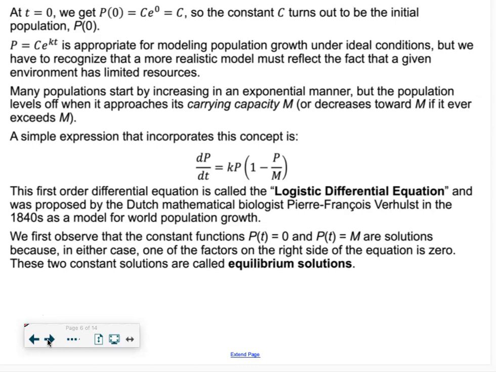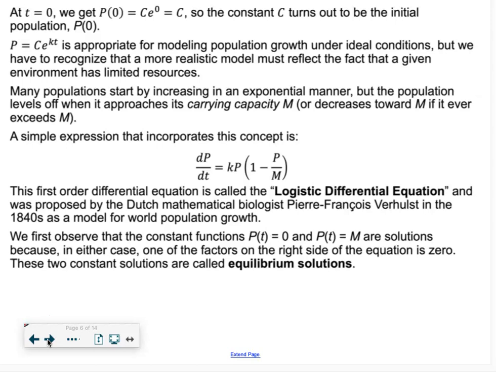All right, this first order differential equation is called the logistic differential equation and was proposed by the Dutch mathematical biologist Pierre-François Verhulst in the 1840s as a model for world population growth. We first observe that the constant functions where P equals 0 and P equals M are solutions because in either case, one of the factors on the right side of the equation is 0.